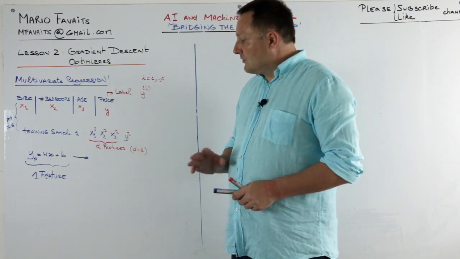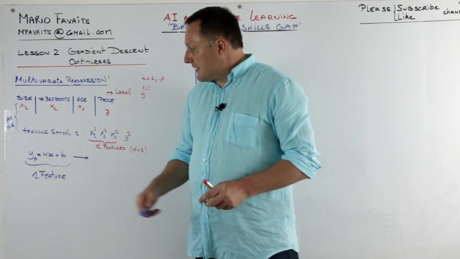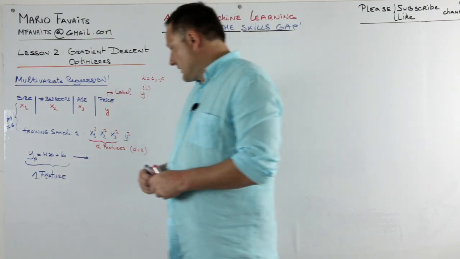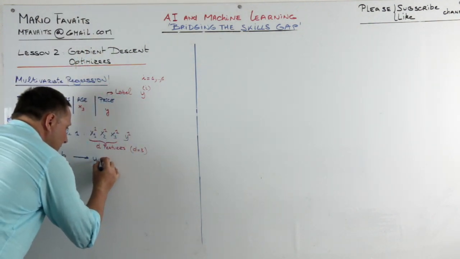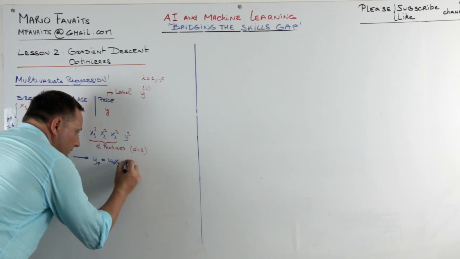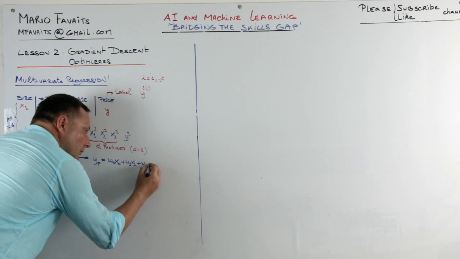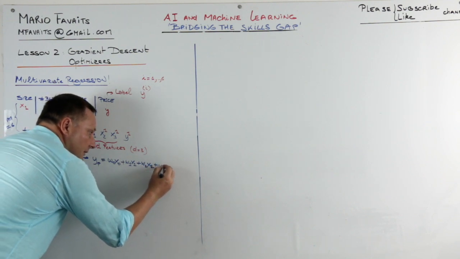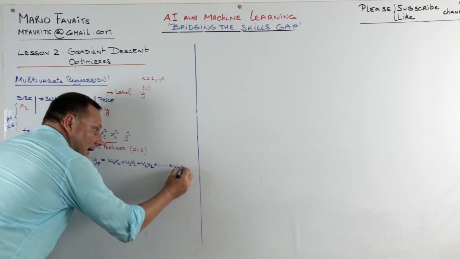So the notation is going to change. This is the notation we had for one feature. Now we have multiple features. Y predict will be w0 x0 plus w1 x1 plus w2 x2 plus all the way down to wd xd.